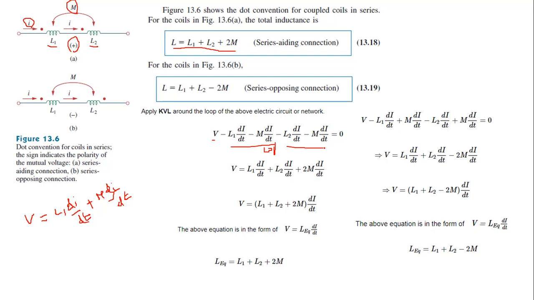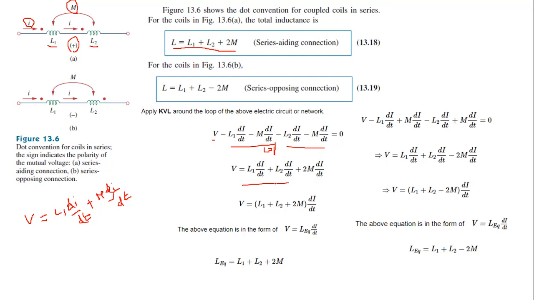So we are writing KVL equation. Here these elements are passive elements, so we write V minus voltage across coil 1 minus voltage across coil 2 is equal to 0. That is what we have written here.